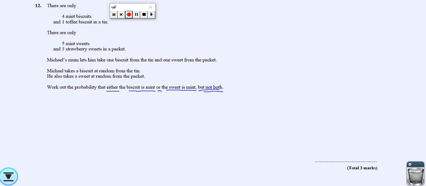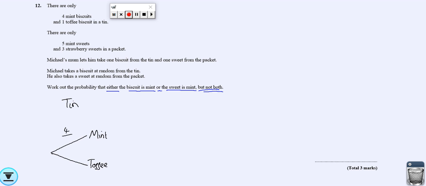Well, probability question, best thing is to set up a probability tree. So we're going to have, first of all, our selection from the tin. We can either take a mint biscuit or we can take a toffee biscuit. Then we write on the probabilities of those.